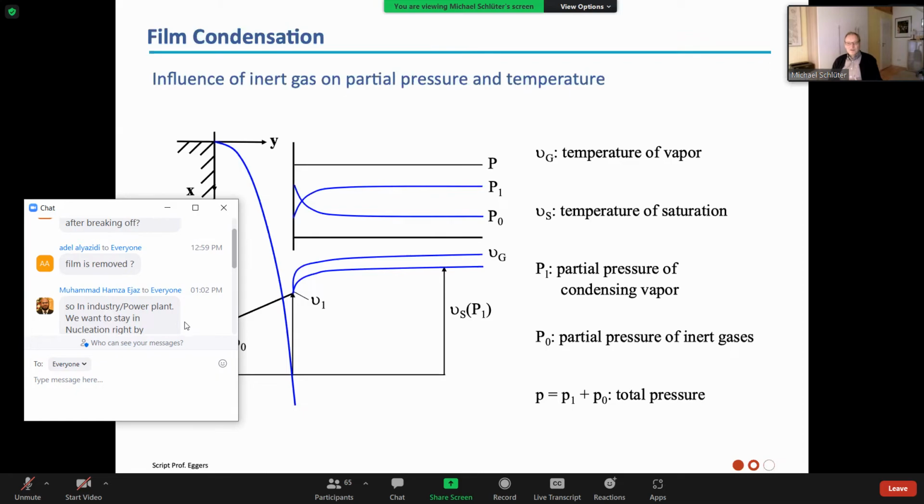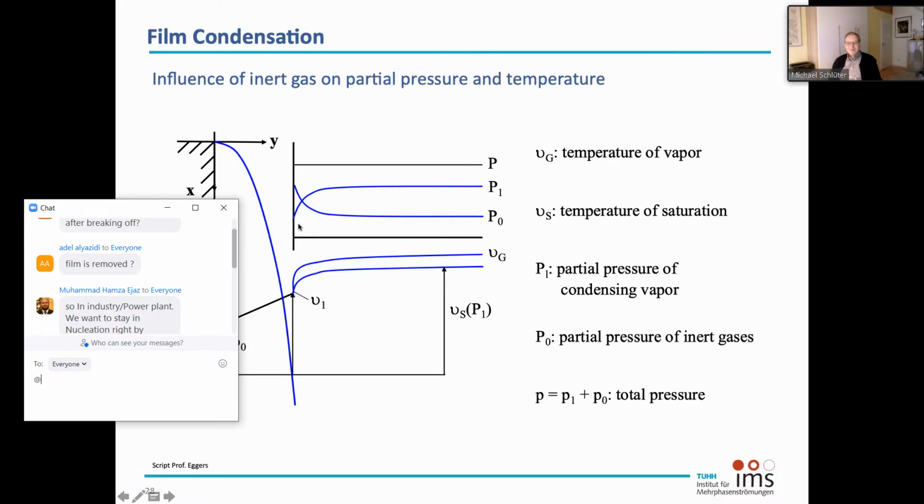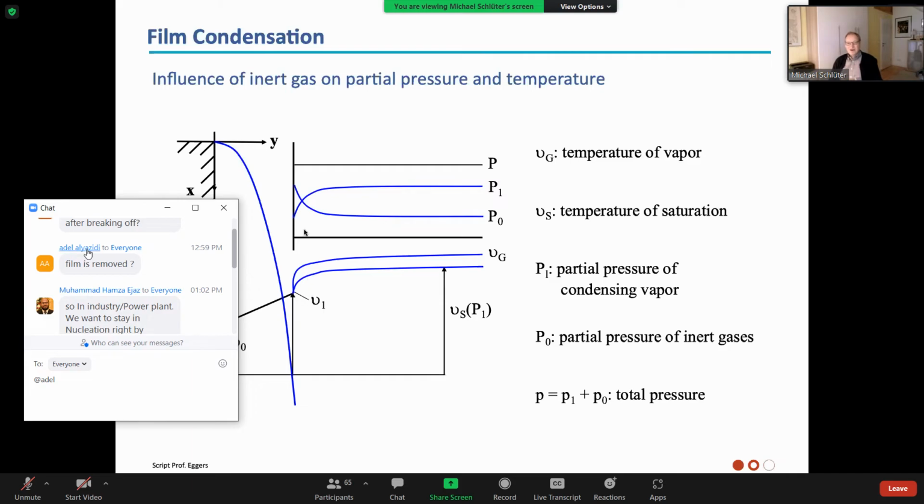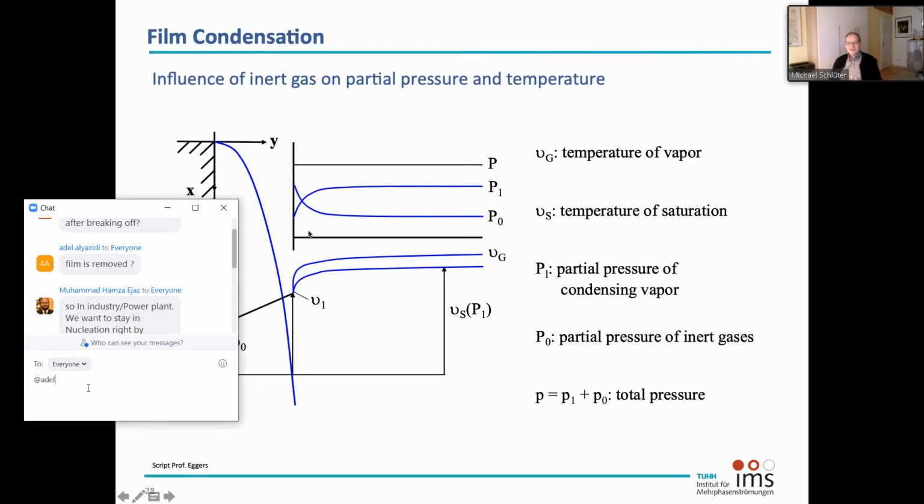So in other words, you might get higher partial pressures, and therefore higher concentrations of so-called non-condensable gases. And these non-condensable gases, of course, might create another kind of isolating layer.